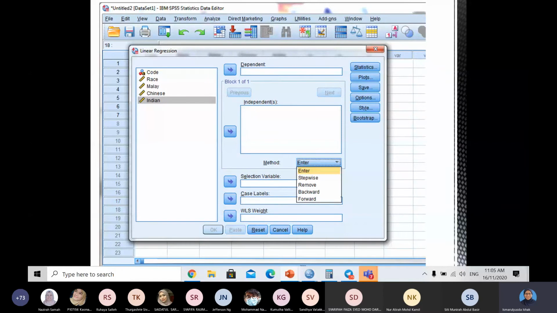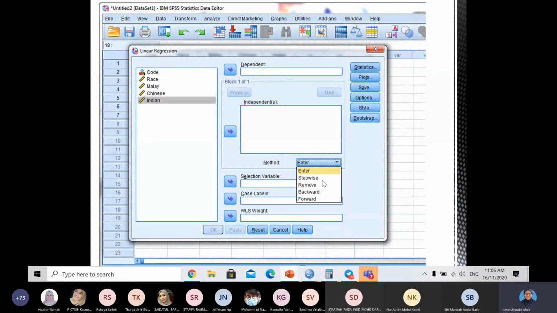This is the first example about competitiveness with IQ, sports and vocab. I used enter. When you use enter, the IQ is still inside there.